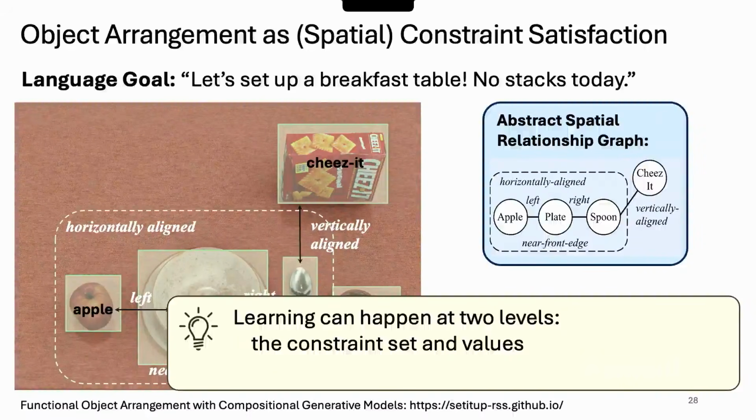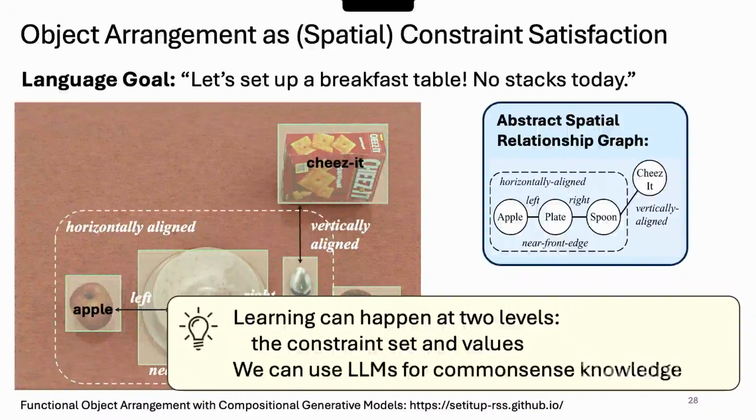And it is worth noting that a lot of those constraints, like which object should be placed on the left of which, is actually common sense knowledge. So you can actually leverage pre-trained large language models or vision language models to output that kind of common sense knowledge instead of learning everything from robot demonstrations.